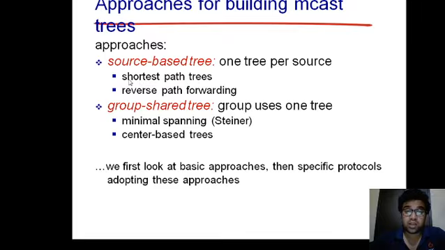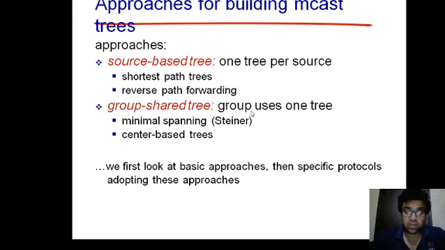As I told you earlier, for finding the shortest path you can use distance vector or link state, and reverse path forwarding can be used for creating source based trees. This reverse path forwarding we have already discussed in the last lecture. Now the second approach is group shared tree. Group uses one tree.